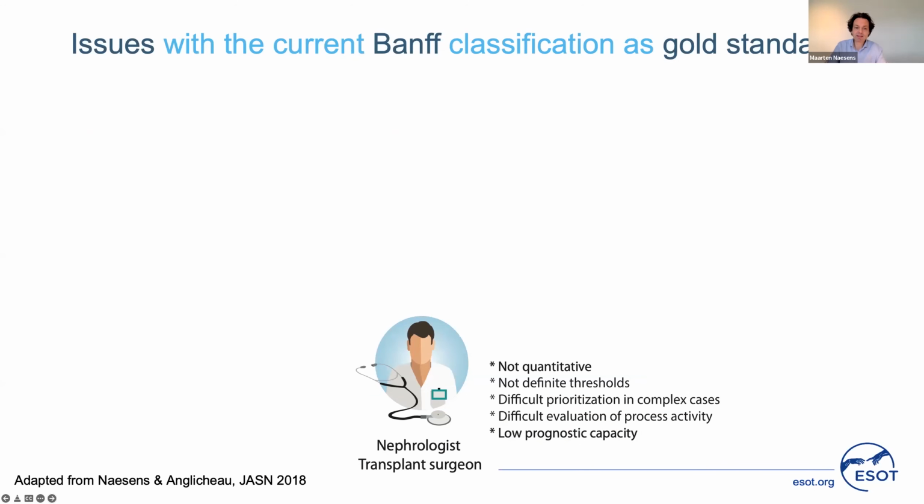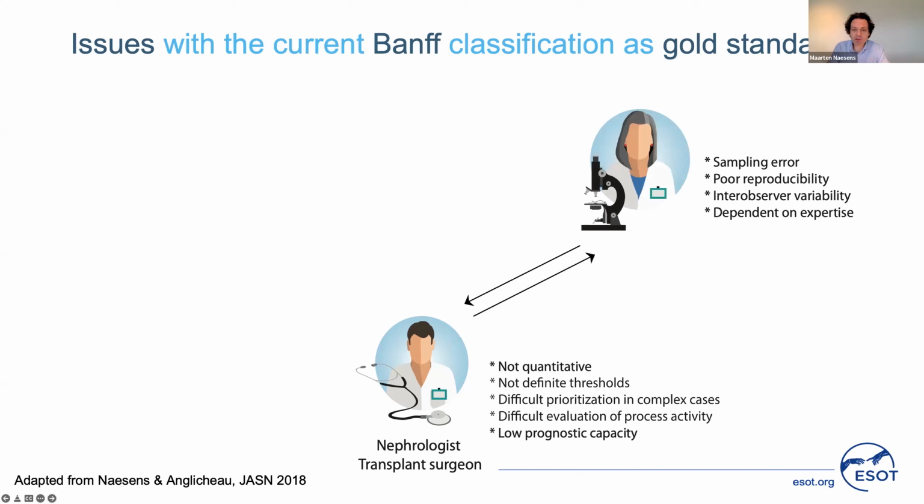Next to the fact that these thresholds that we use for classifying diseases are not definite, that they are not quantitative, it's also very well known that there are issues with the histological lesion scores on themselves, with sampling error, but also poor reproducibility of the histological scoring between pathologists, but also within pathologists.